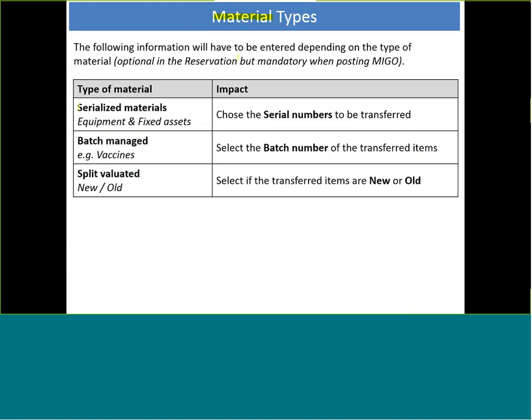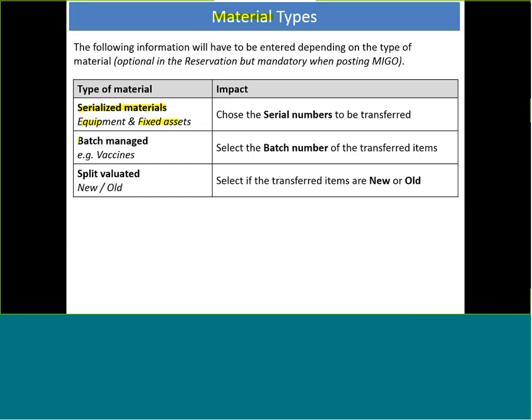So we reviewed the steps and roles to perform one step and two steps stock transfer. And during the demo, we will see that depending on the material type, what do we mean by material type? There are materials that are serialized, for example, equipment or fixed assets.